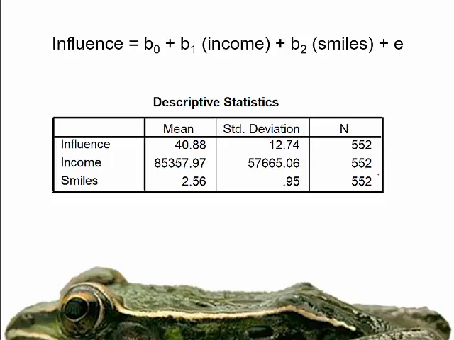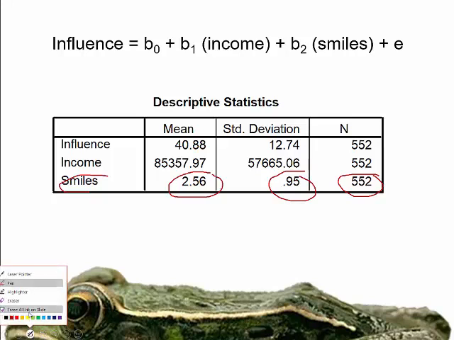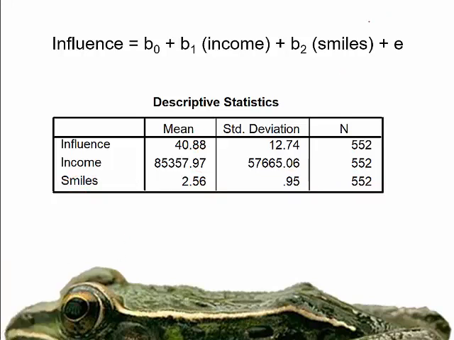I did that for all 552 people, and I have my smile score here, and the average person smiled about 2.5 times in 10 minutes with a standard deviation of almost 1. So in this example, we can use how often a person smiled and a person's income to try to predict how influential they are.